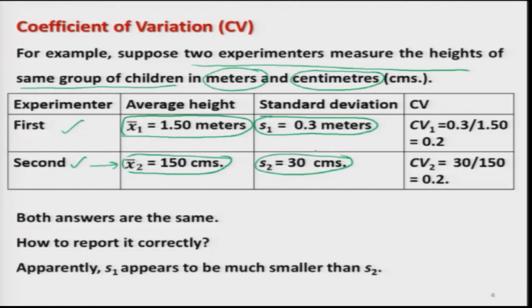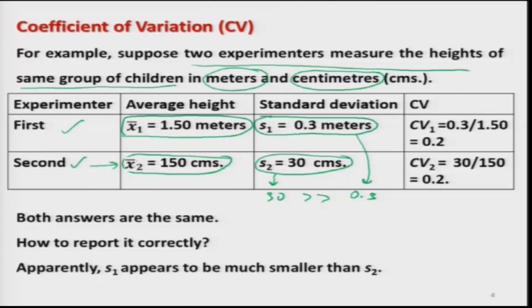Now, it is the usual tendency to compare the standard deviations. You can see here the value of standard deviation is 30, whereas in the first case this value is 0.3.